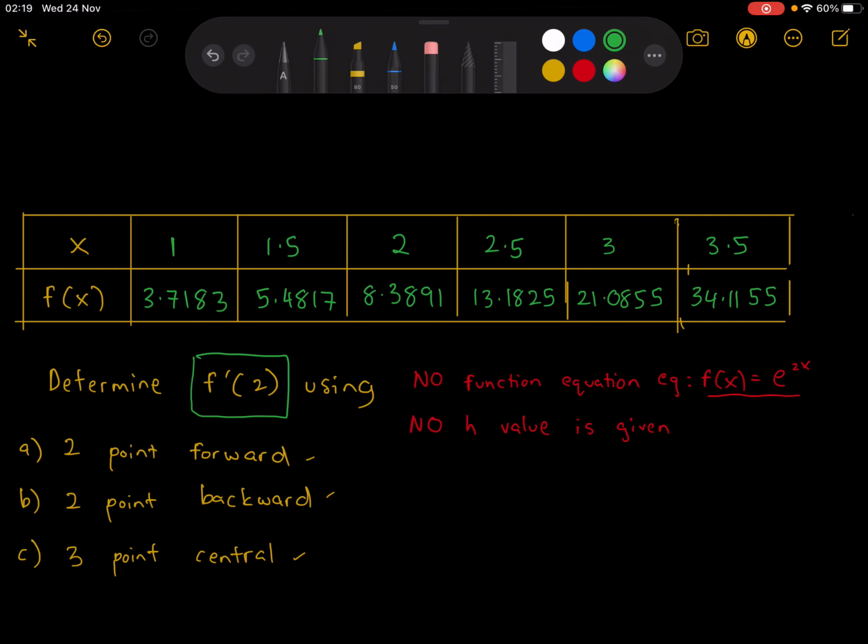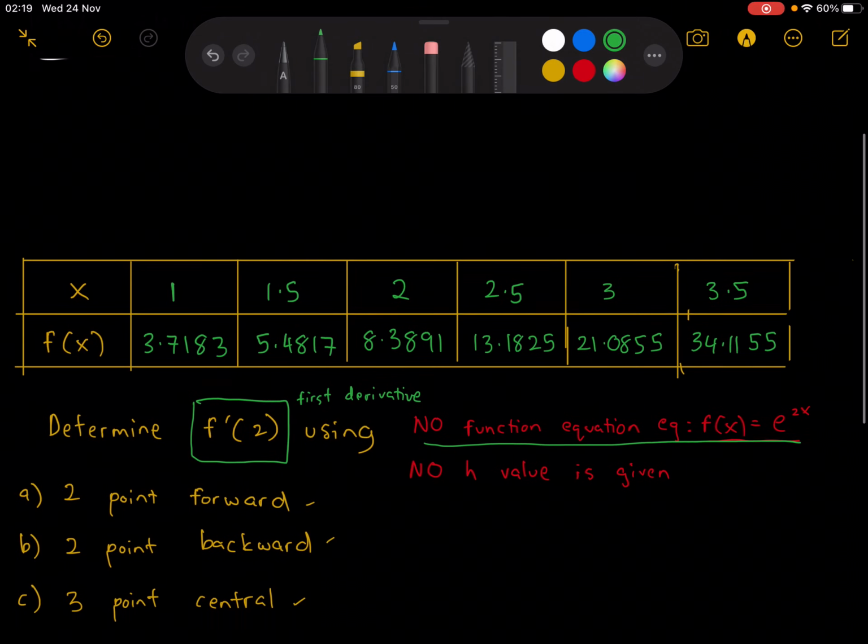The question asks us for f prime. It's not f double prime, but f prime. So straight away we know that this is a first derivative. And then second thing, we can see that no function equation is given.